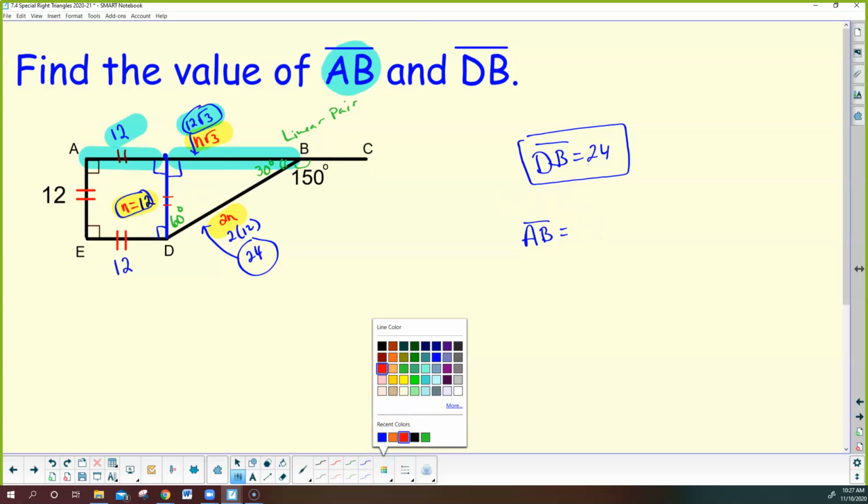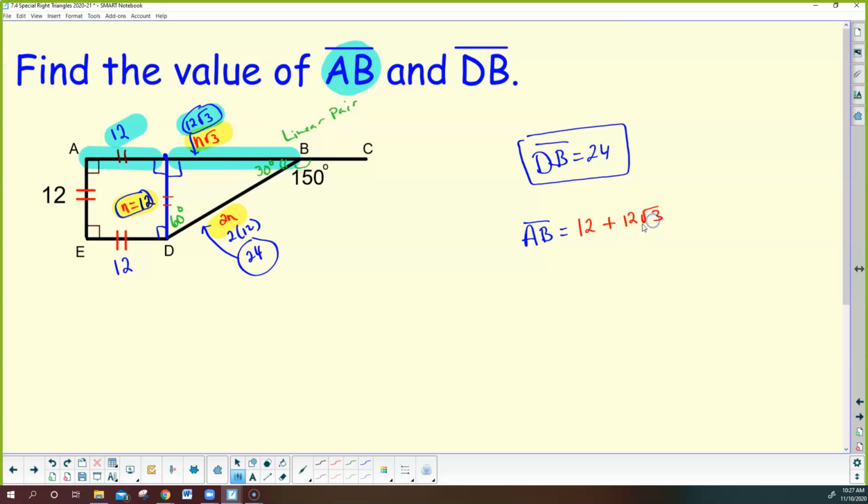AB is 12 plus 12 square roots of 3. You cannot add these together because they don't have like radicals, which means you are done. That is as far as you can go without using a calculator and finding decimals. And sometimes our answers look like that, and that's okay. It's mathematically accurate.